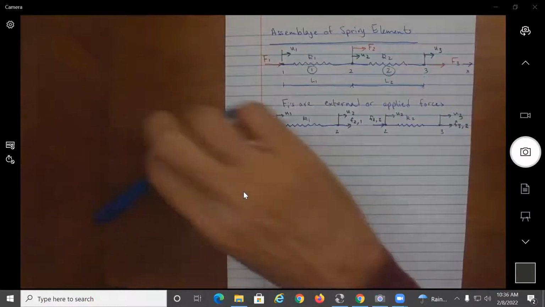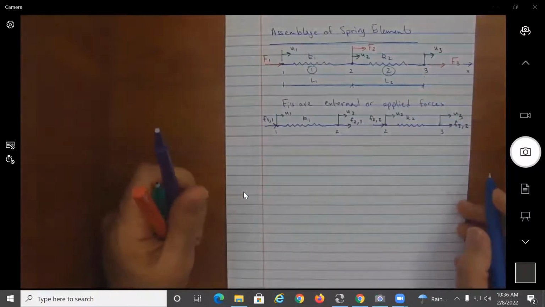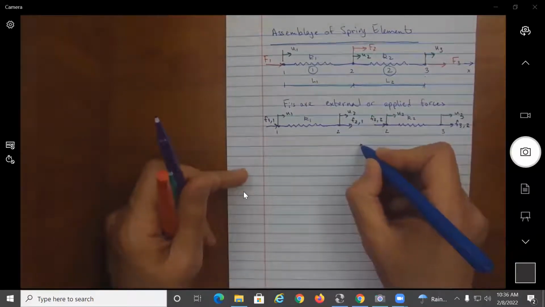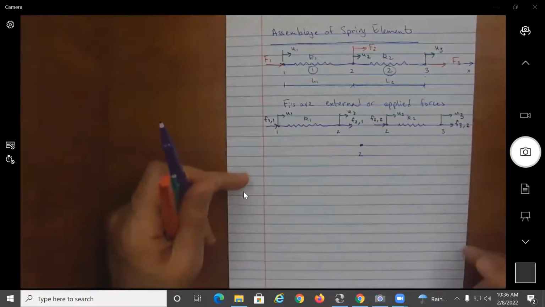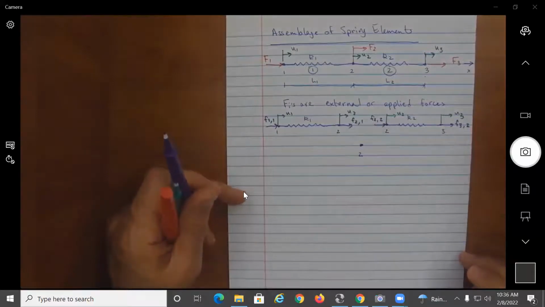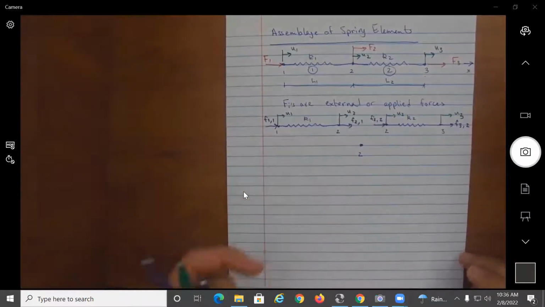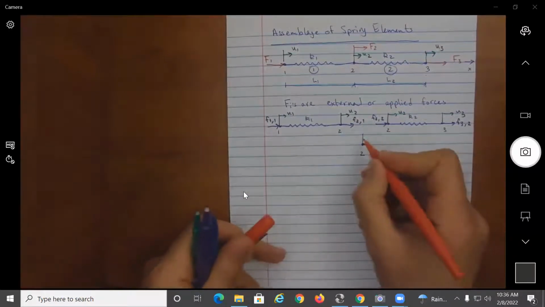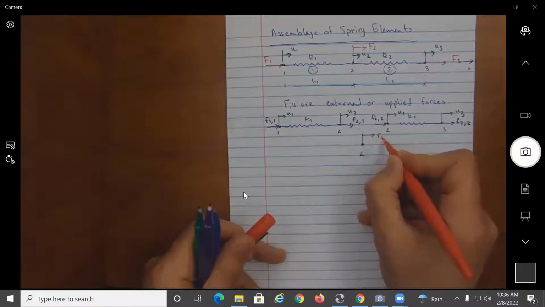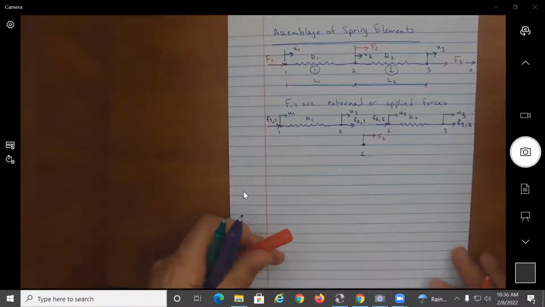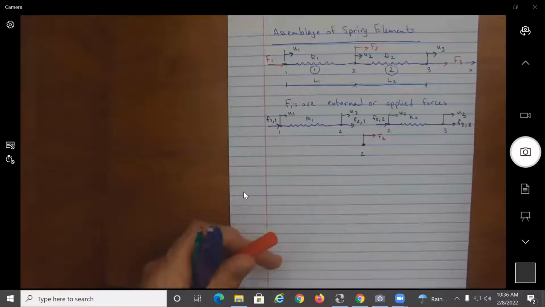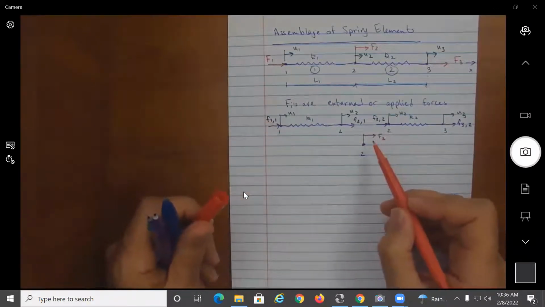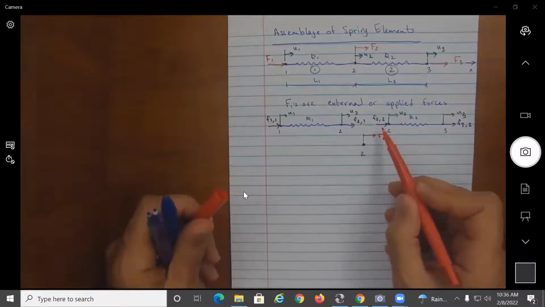Next, I'm going to look at the equilibrium of each of the nodes. So I'm going to come here and I'm going to show node 2. Now, node 2 is acted upon by an external force, F2, and the elements are going to apply on node 2 an equal and opposite, right?